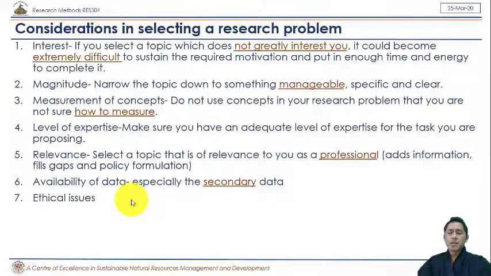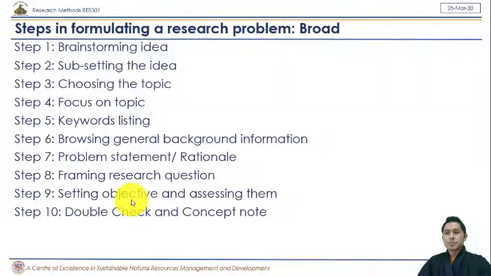So these are a few of the considerations that you need to keep in mind before selecting any research problem. Now let's get back to how exactly we can formulate a research problem, how we can come up with a very concrete research problem.